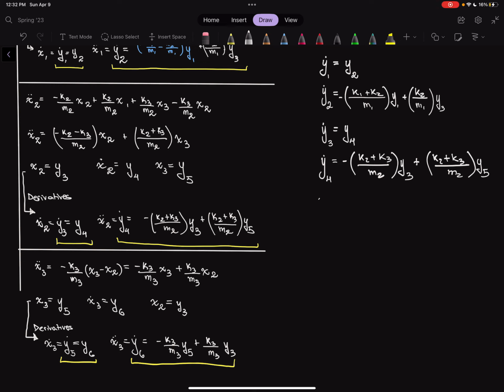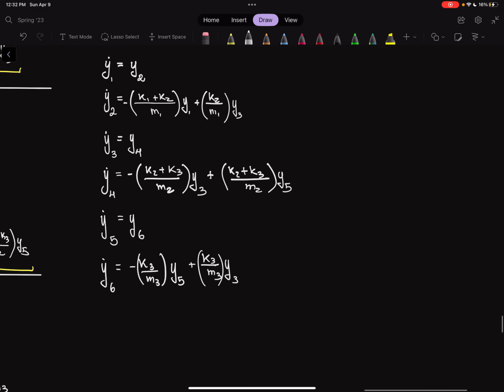And then we have y dot 5, which is equal to y6, and y dot 6, which is equal to negative k3 over m3 times y5 plus k3 over m3 times y3. So now the left-hand side looks pretty good.